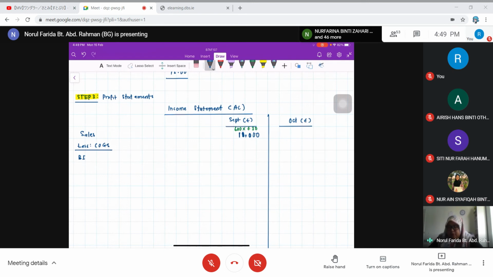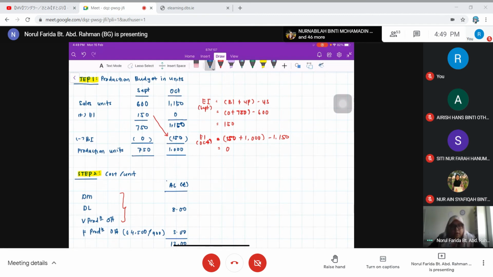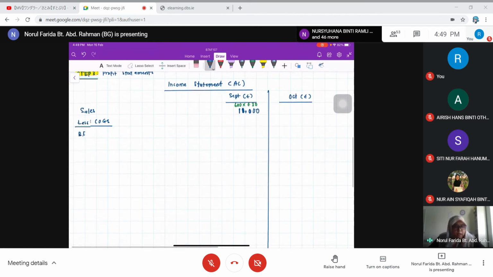Kita akan buat September dulu. Beginning inventory for September adalah kosong. Okay, based on your step 1 tadi, beginning inventory untuk September adalah kosong. Okay, you will add cost of goods manufactured.